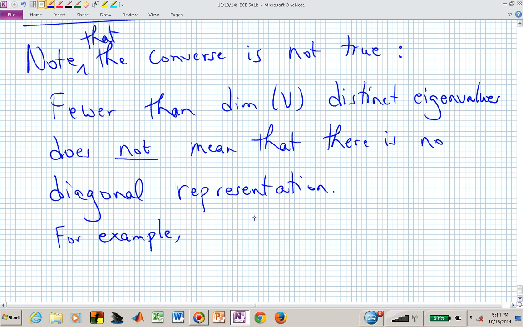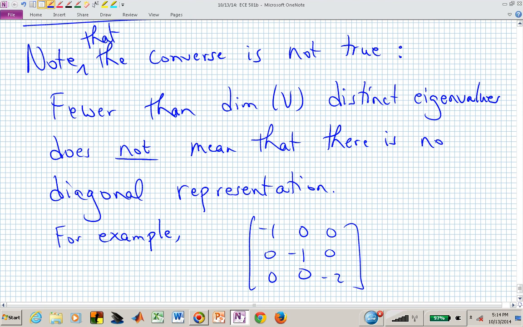For example, you could have a matrix with -1, -1, -2 on the diagonal and 0 elsewhere. That's okay. That's a diagonal matrix with non-distinct eigenvalues, and that's a valid matrix.